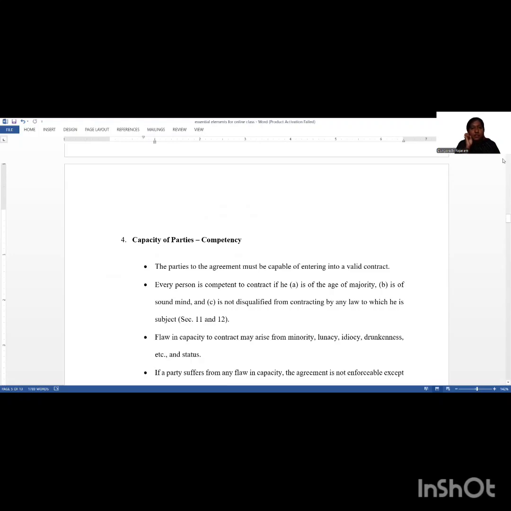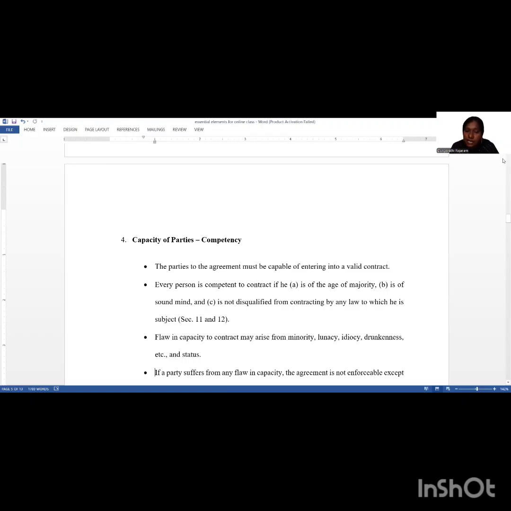The parties of the agreement must be capable of entering into a valid contract. If I am making a contract with another person, that person should be valid, I mean a person, not a thing. He should have the capacity to enter into the contract. If not, it will not come under a valid contract.